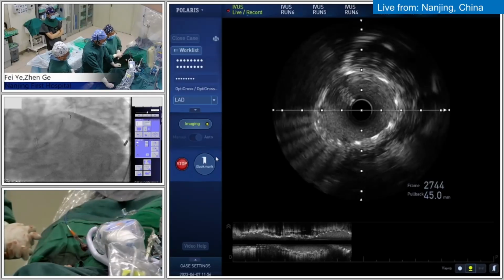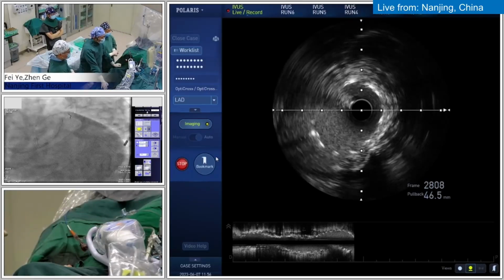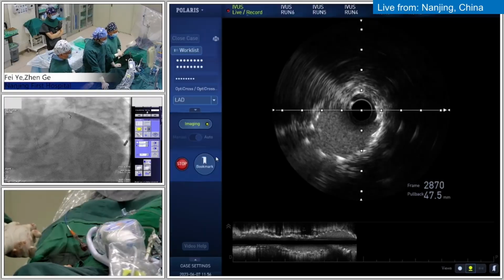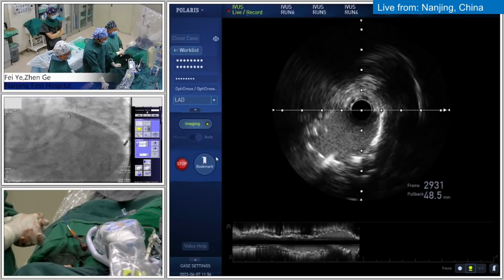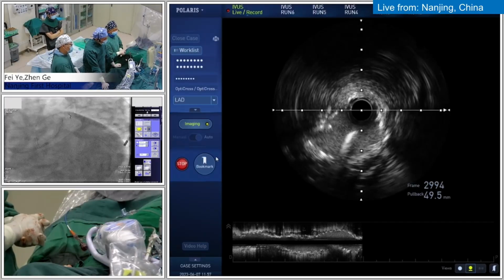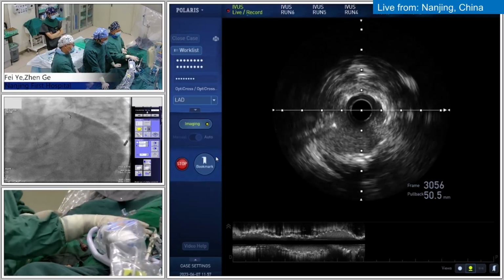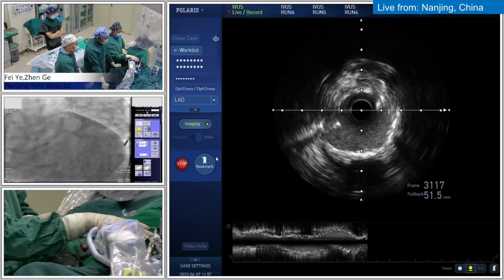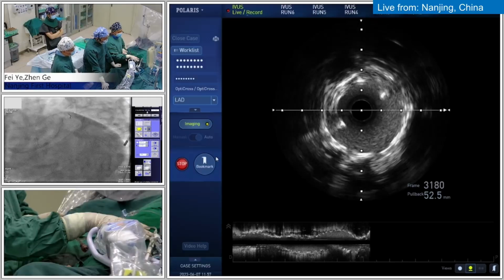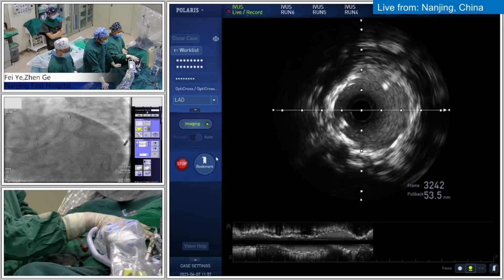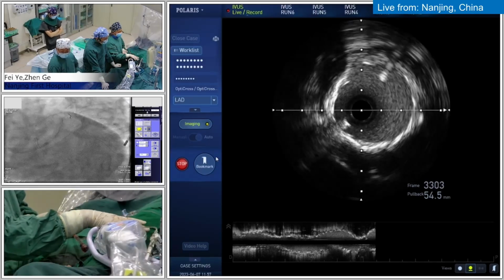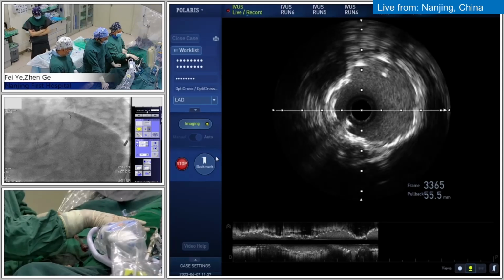Here, 8 o'clock, you can see the side branch. This is the circumflex. Distal left main. Maybe the distal left main vessel diameter is not very large, yes, we can measure it.